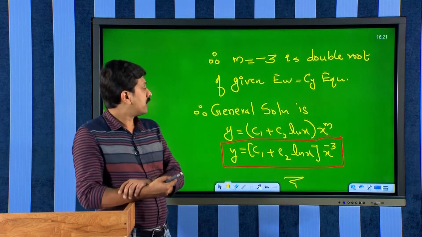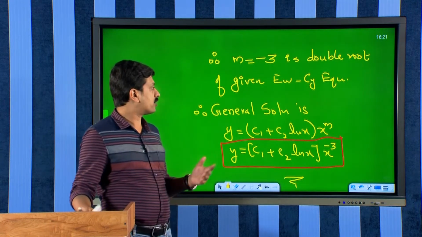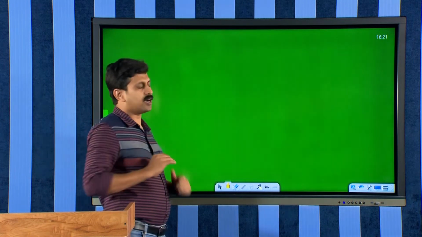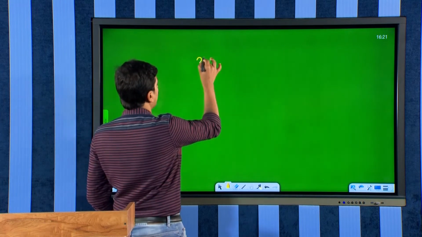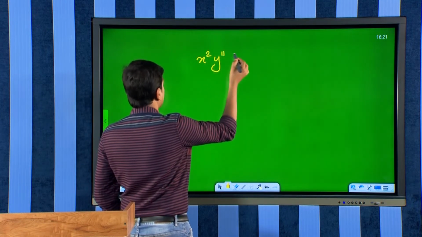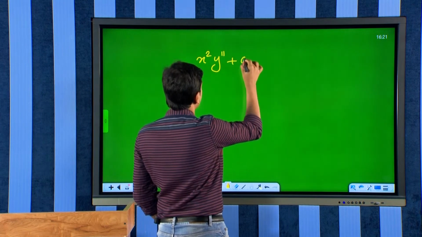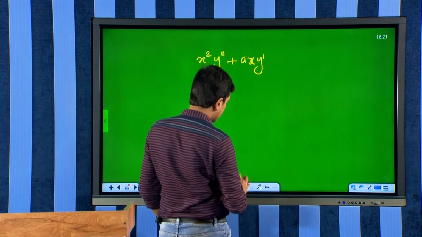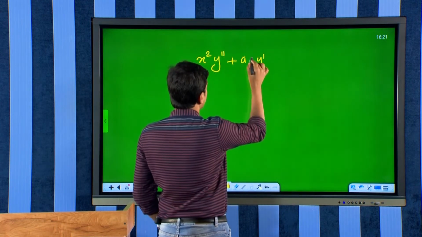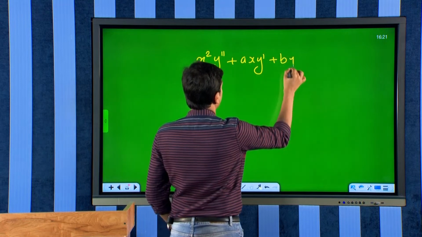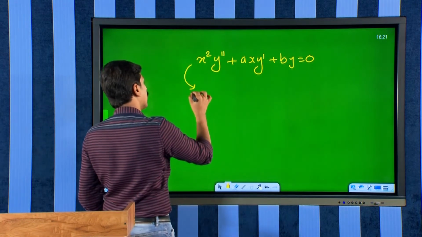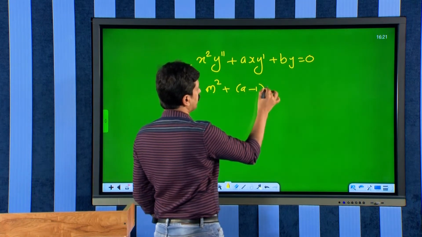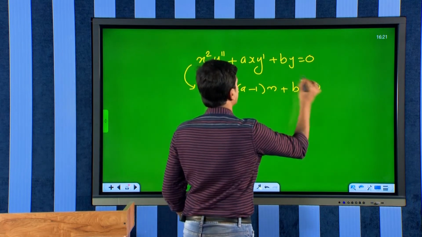Okay, so in this case we have an Euler-Cauchy equation. Now, we discussed that generally we have the second order homogeneous Euler-Cauchy equation x square y double dash plus axy dash plus by equal to 0, whose auxiliary equation is m square plus (a minus 1) m plus b equal to 0.